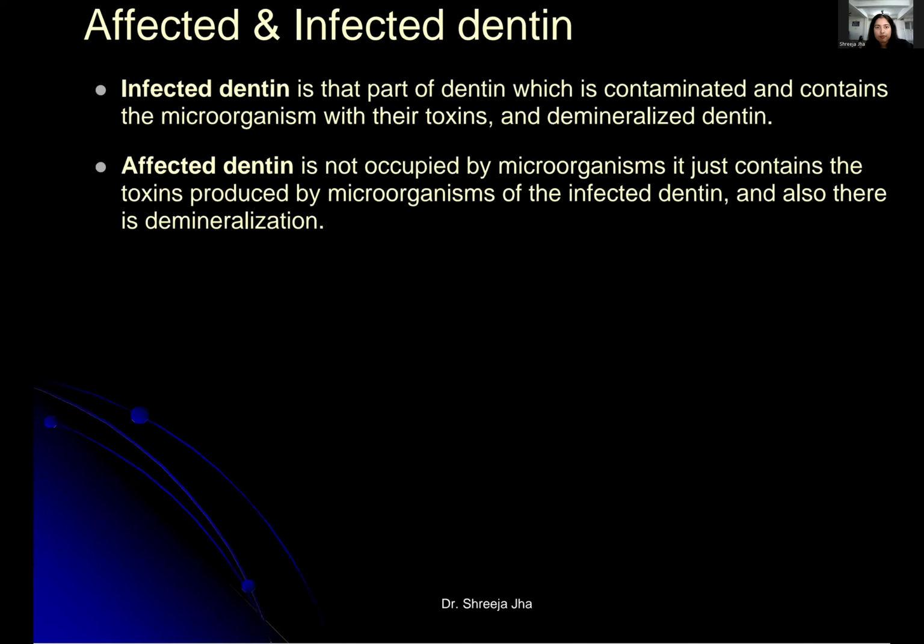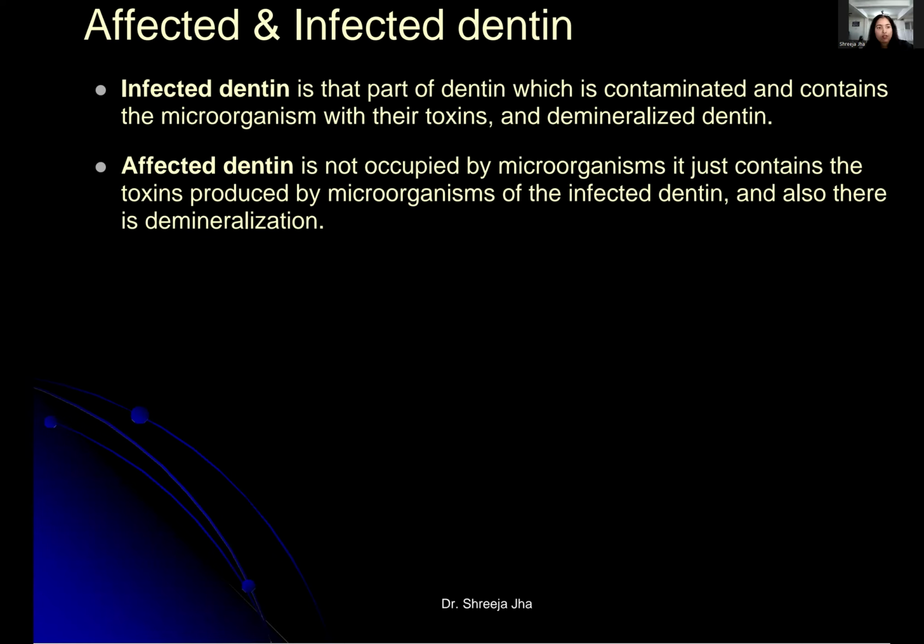Affected and infected dentin. So what is infected dentin? As the term itself suggests, infected, it contains microorganisms. But affected just contains toxins produced by them, not the microorganisms themselves. So what is infected dentin? It is that part of the dentin which is contaminated and contains the microorganisms with their toxins and demineralized dentin.